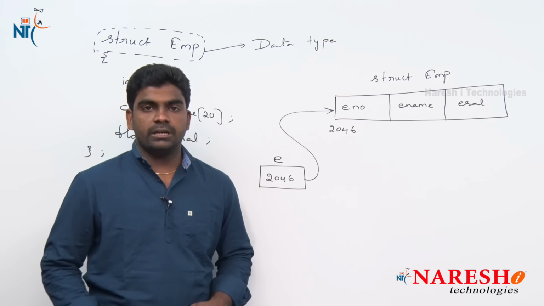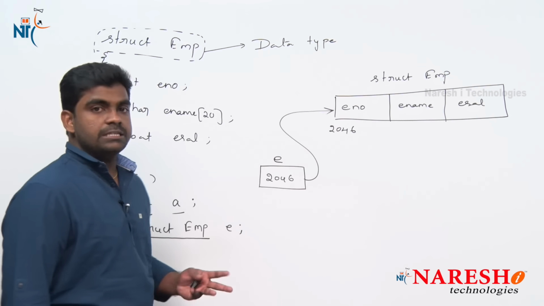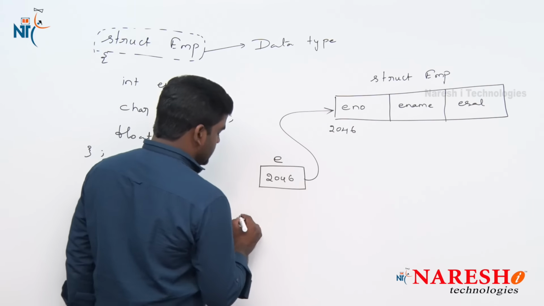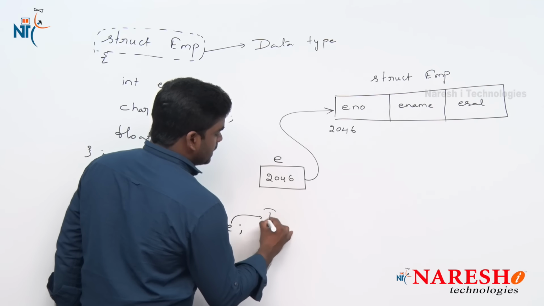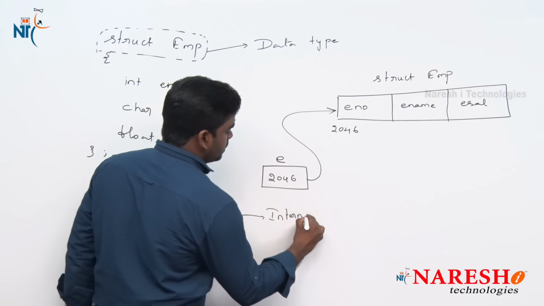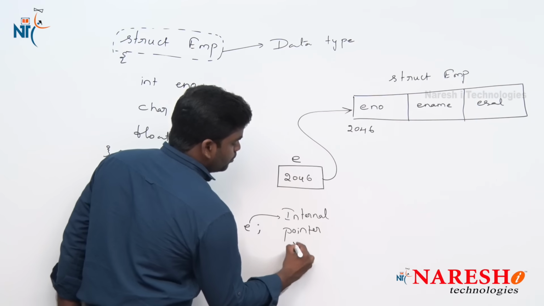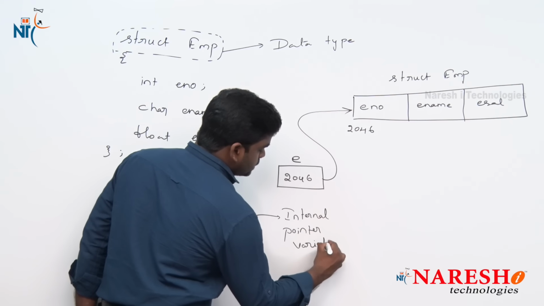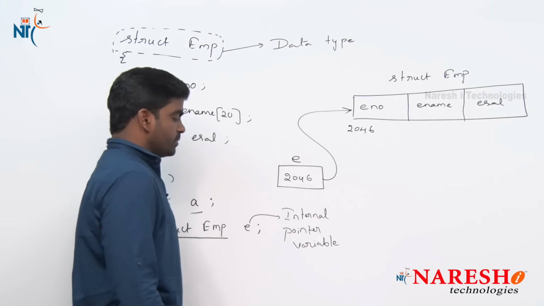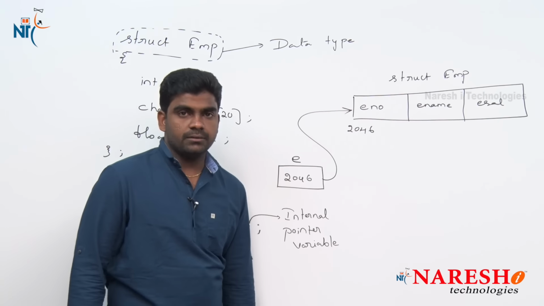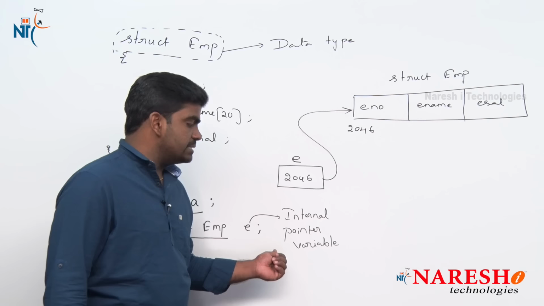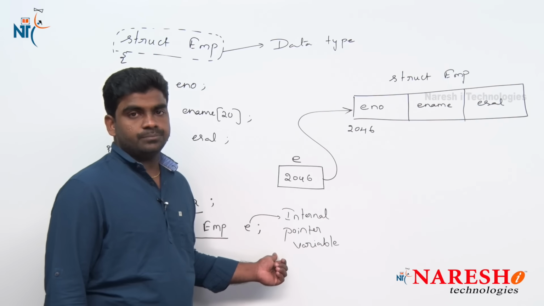Pointer variables only. But sir, where is the pointer? It is not there. E is called an internal pointer variable because it is holding the base address. That's why we can call it an internal pointer variable.